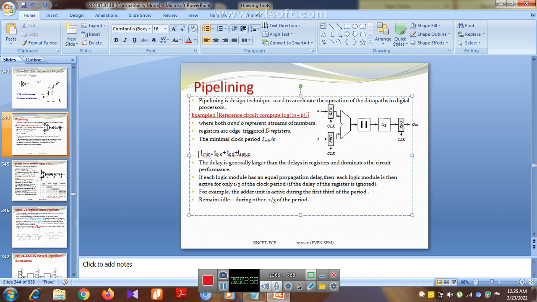For the clock period, the cycle continues, and 1/3 means the adder circuit is active. For the remaining 2/3, it remains idle. Mainly it is used for the adder only here. So it can be used only up to that 1/3 clock period, right?